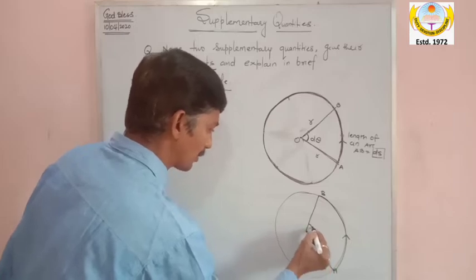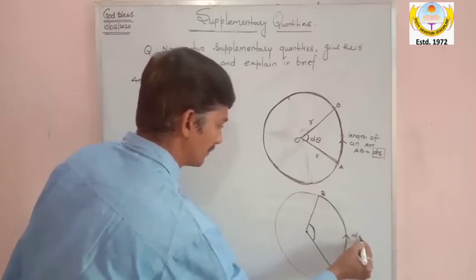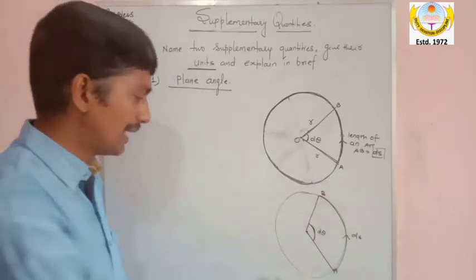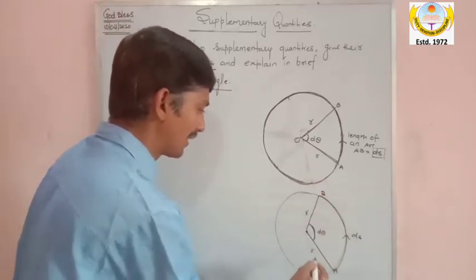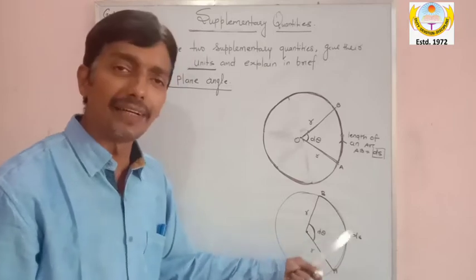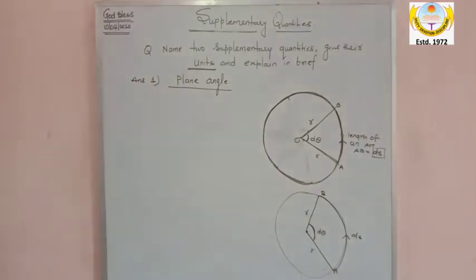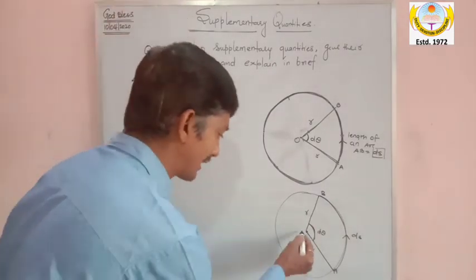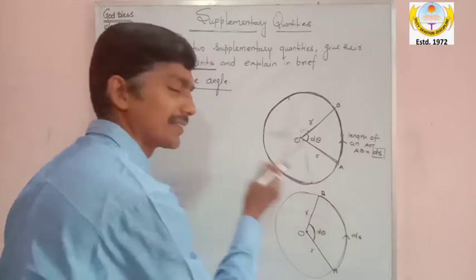So the angle is also increasing, you can see. So here I try my level best to show you that as the length of an arc increases, the angle subtended at the center also increases.